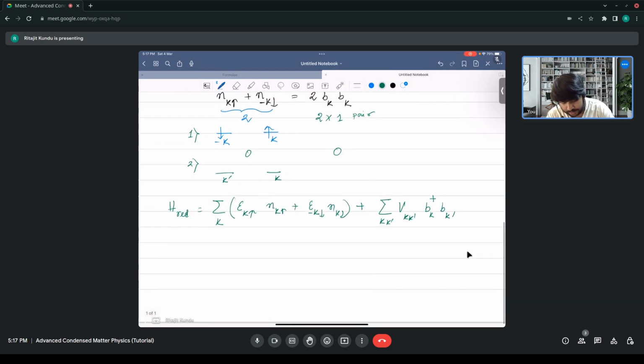As I said, Ek is an even function of k, so E minus k down is the same as E of k down. I'll change the sign, and if I do that, I can take the Ek common, and I am left with Nk up plus Nk down, and the rest of the terms are there. Now I'll use the identity that I just wrote above, and it becomes Bk dagger Bk with a factor of 2.